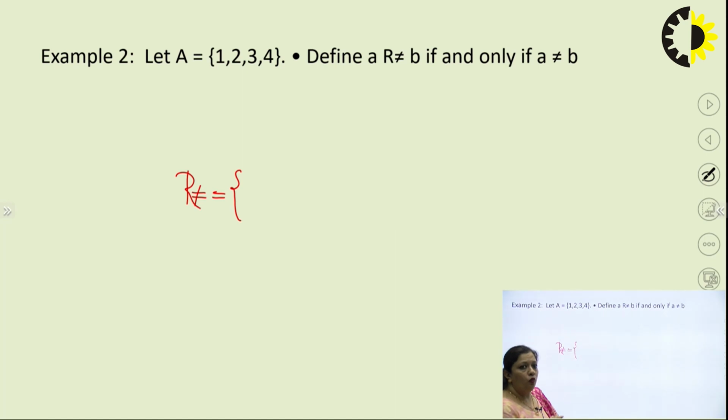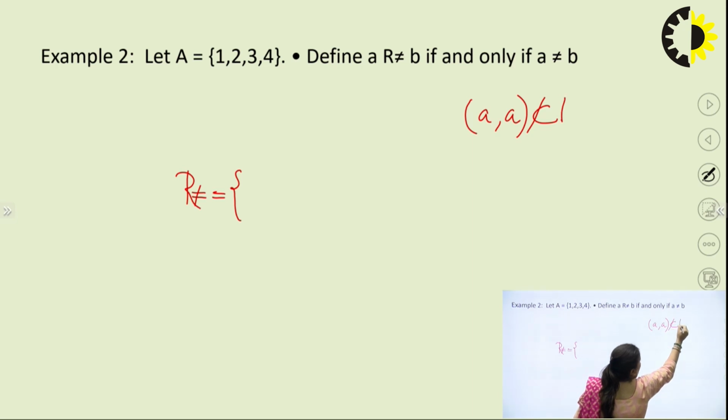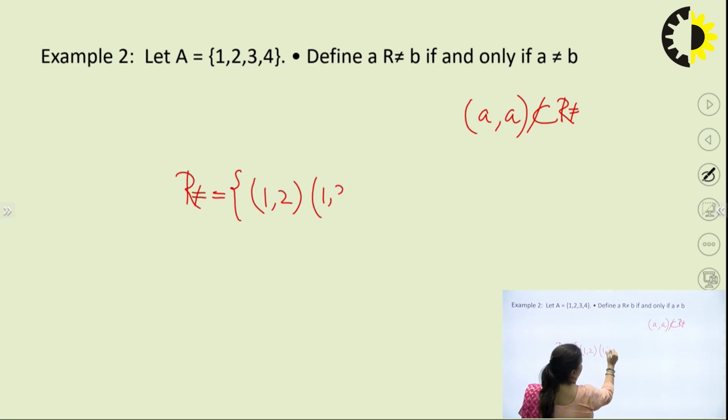That means it won't have any diagonal elements. Diagonal elements means where the first and the second components are same, that is A comma A elements will not belong to this relation R not equal to. Other all the ordered pairs will be there. So it will contain 1, 2, 1, 3, 1, 4.